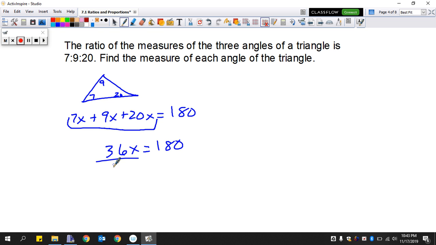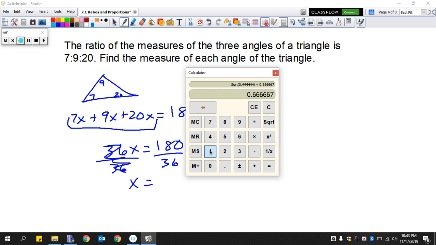Divide by 36. 180 divided by 36 is equal to 5. So x is equal to 5.